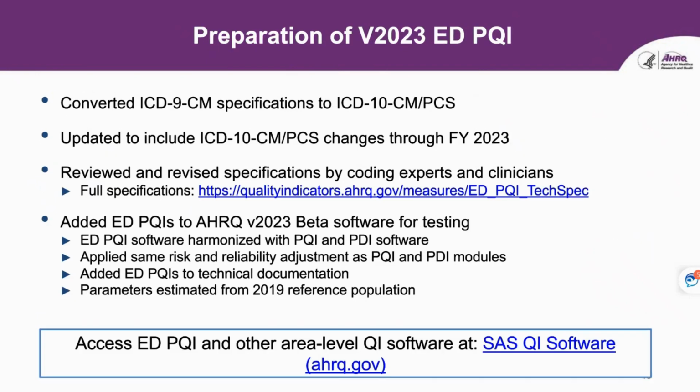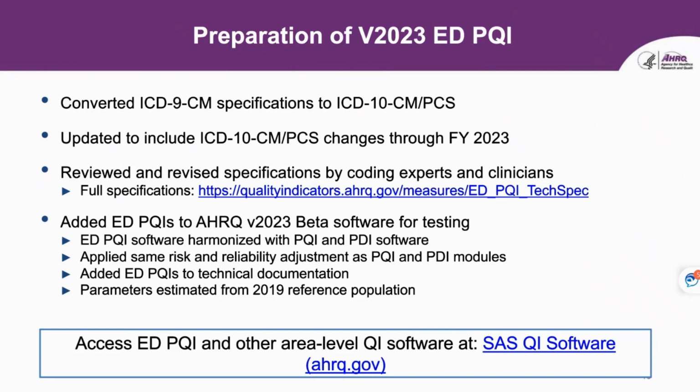For version 2023, these specifications were converted from ICD-9-CM to ICD-10-CM using a combination of automated code translation and review by clinicians and coding experts, and by comparison with PQI and PDI specifications. They were updated for coding changes through fiscal year 2023.